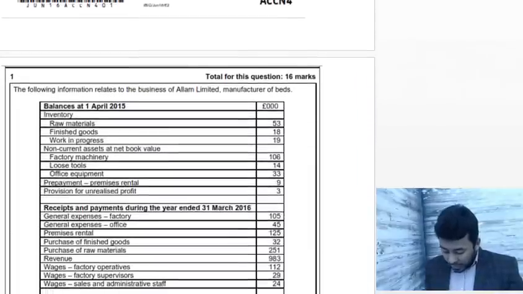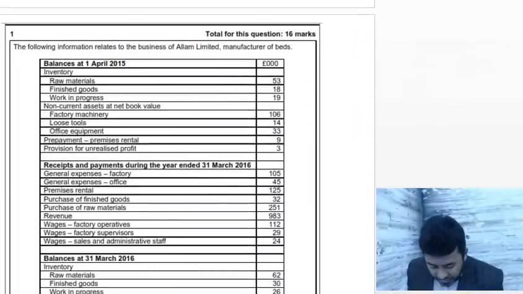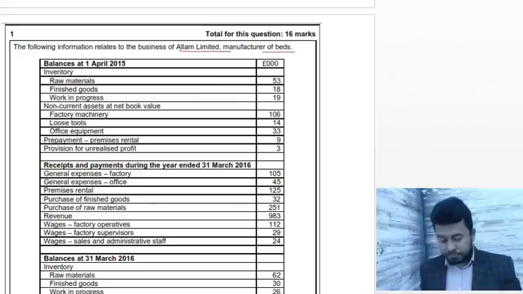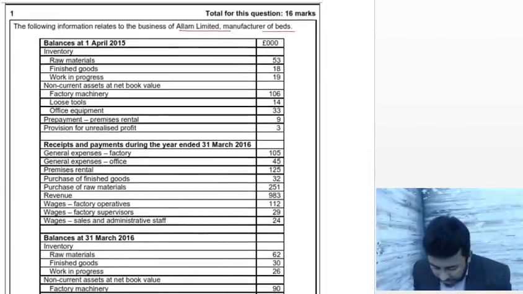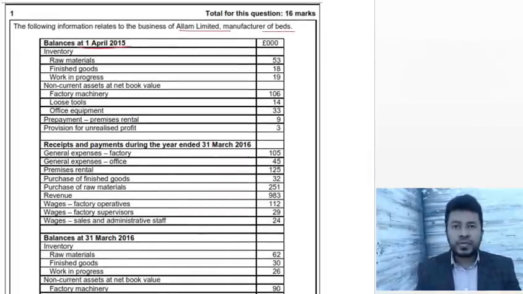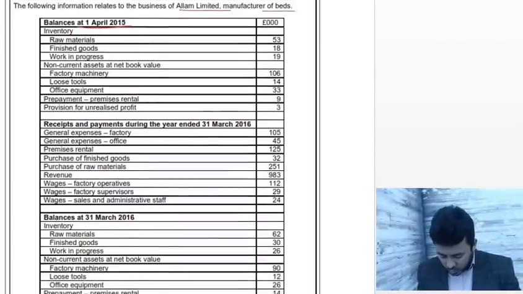Okay, question number 1. The following information relates to the business of LM Limited, Manufacturers of Beds. Balances at 1st of April 2015. I'll straight read the requirements. That's what we always do.